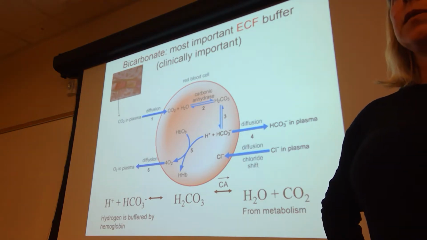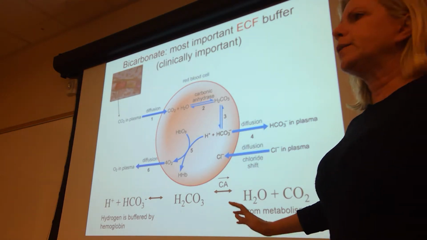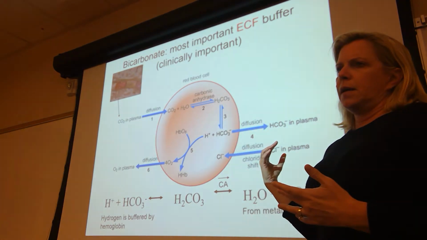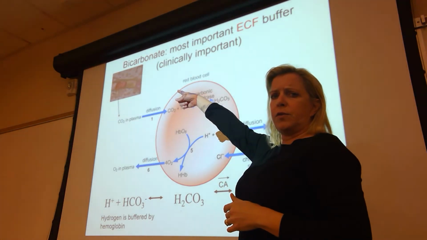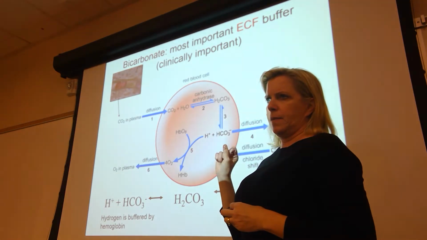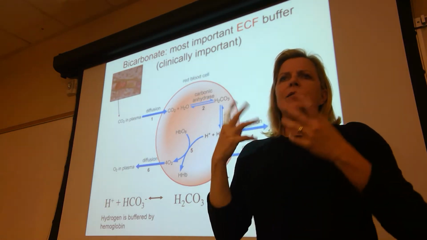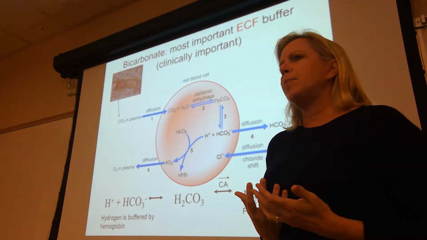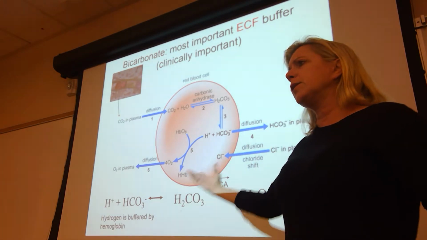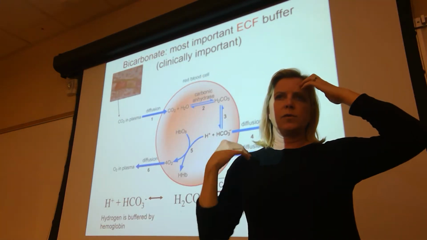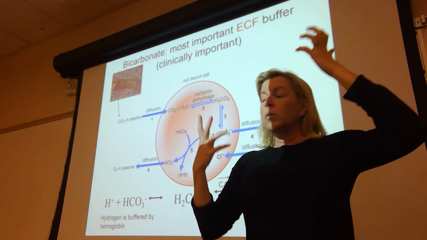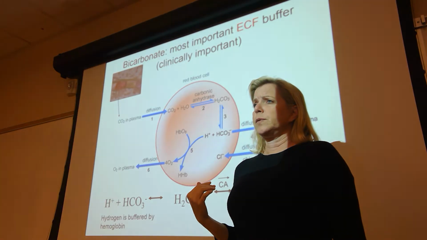Clinically important. So here comes a red blood cell to have gas exchange with that tissue bed that you're seeing in the top left corner. Those cells are making CO2 and water as a byproduct of metabolism. And here comes the blood to drop off oxygen and pick up the CO2. Well, how does it pick up the CO2?